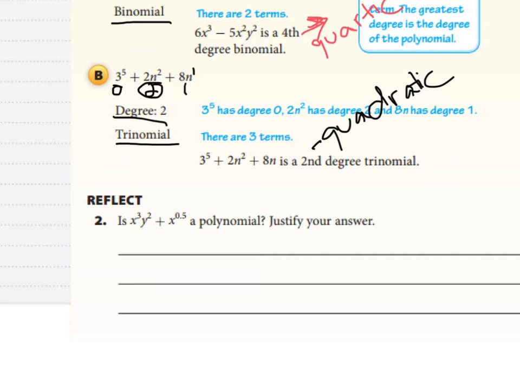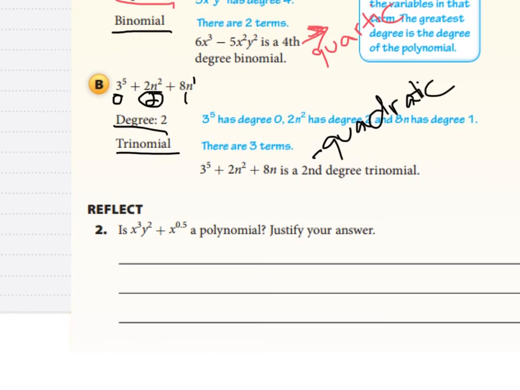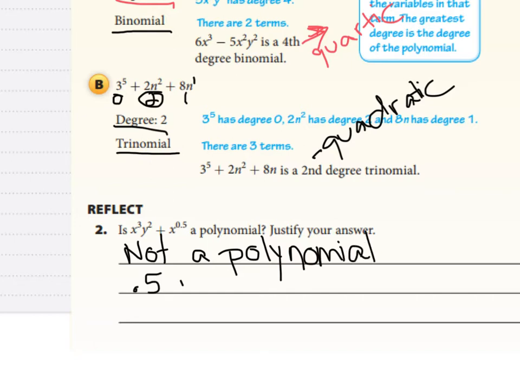So it says, is x cubed y squared plus x to the 0.5 a polynomial, and justify your answer. And this is not a polynomial. 0.5 is not a whole number exponent, which was part of our rules at the beginning.